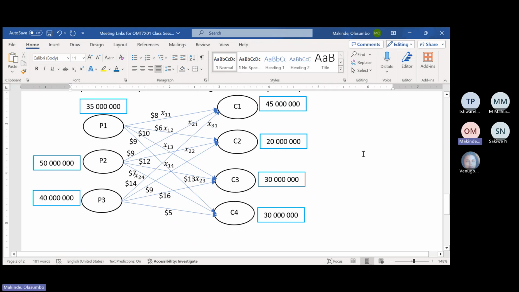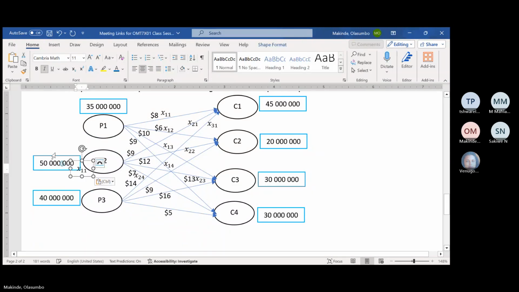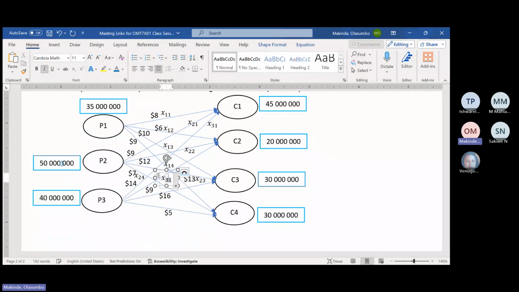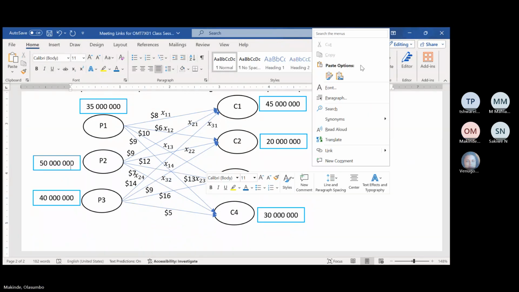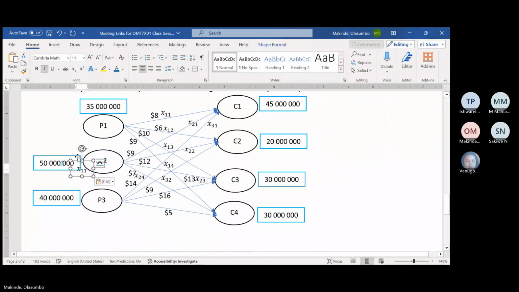Then X32 is somewhere here, and put it there, 32. Then X33.